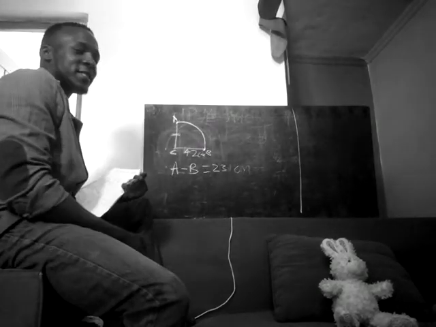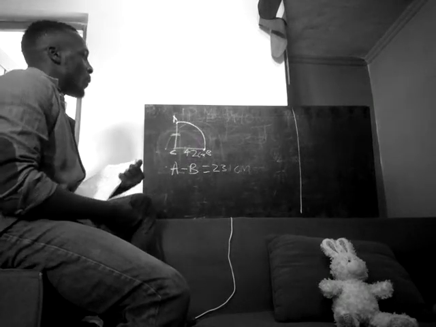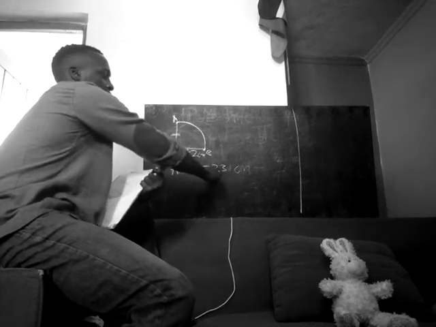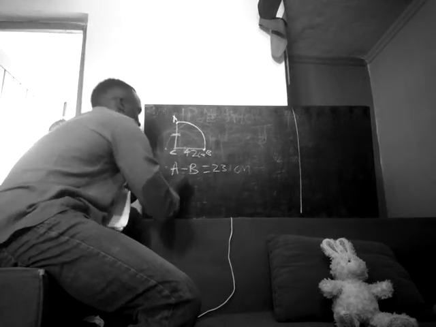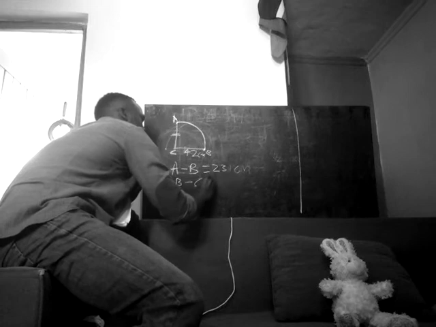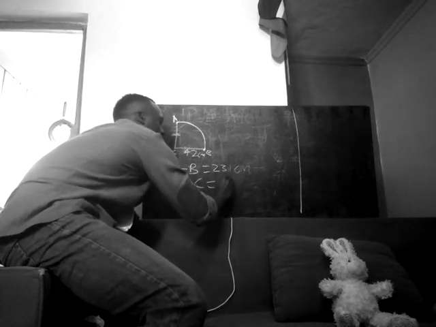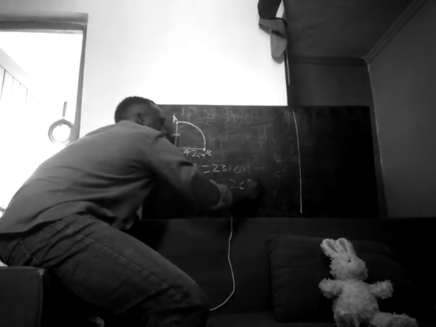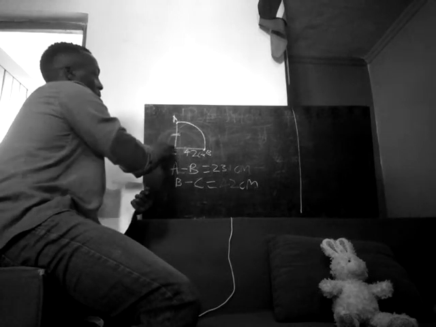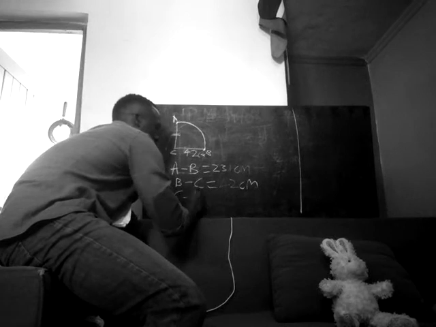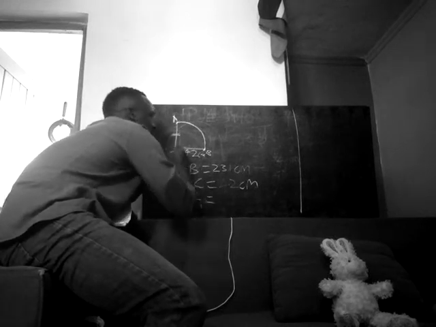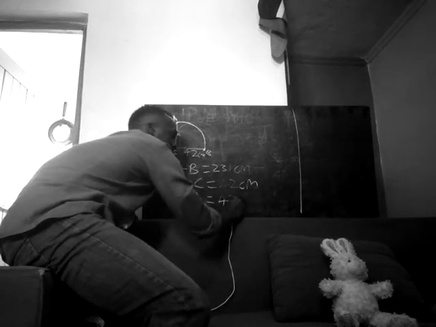So having realized that point A to B is 231 centimeters, then we move from B to C, 42 centimeters, and then from C back to A, how many centimeters? 42 centimeters.